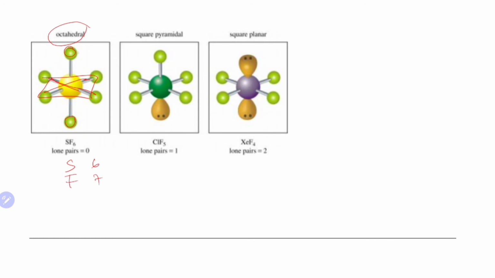If you make a line here, then 1, and then 2 here, and then 3, and then the 4th is at the back.